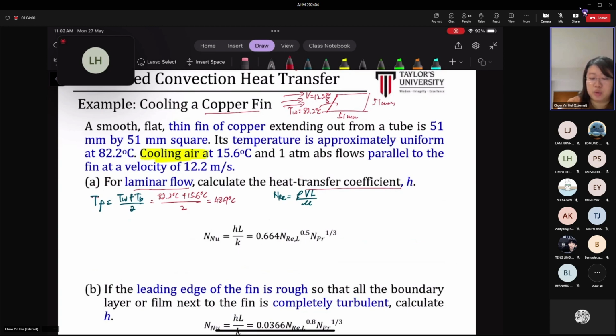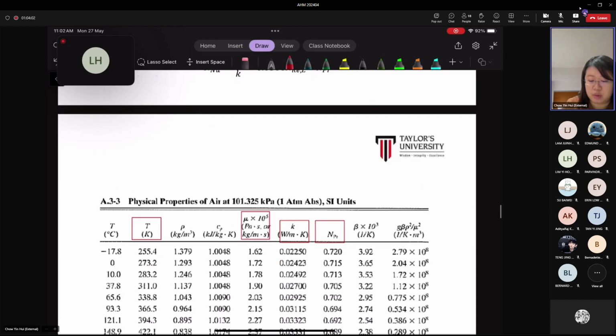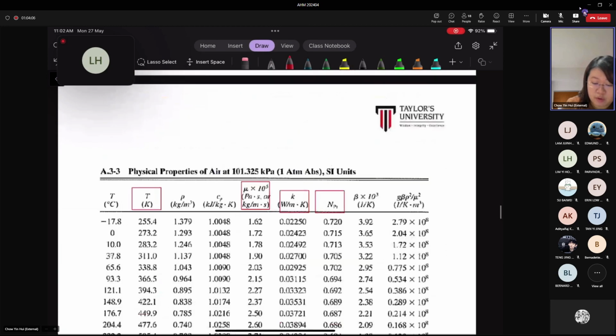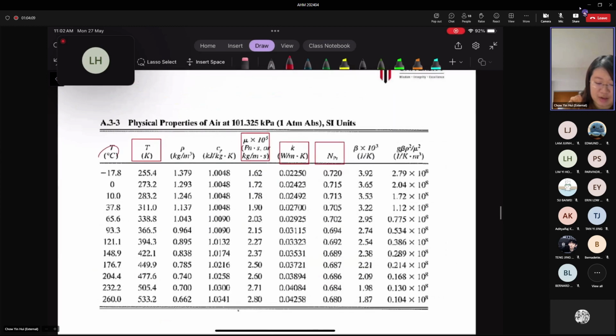So we need to look at the physical properties of air at a film temperature of 48.9 degrees Celsius. Unfortunately, you need to do interpolation to find the density, viscosity, thermal conductivity, and the Prandtl number.